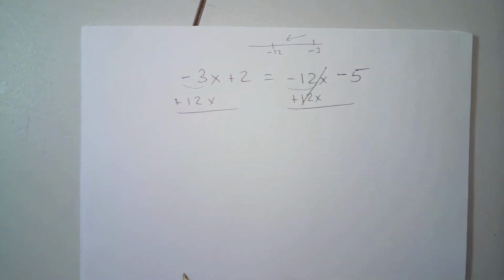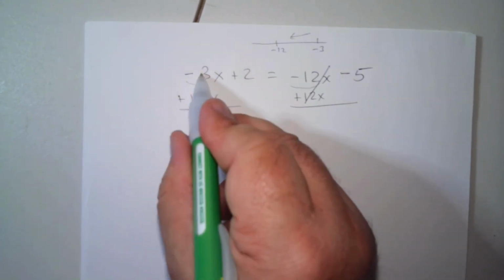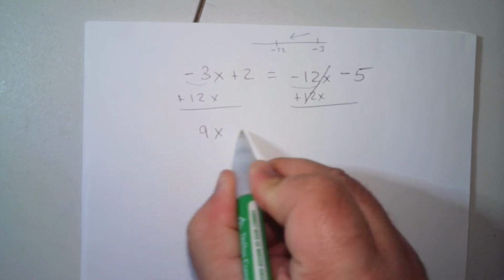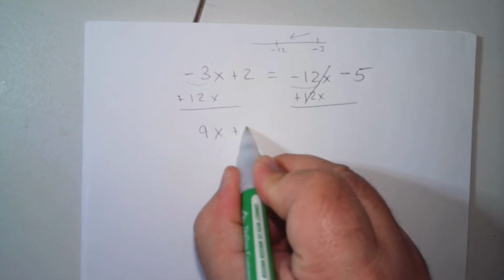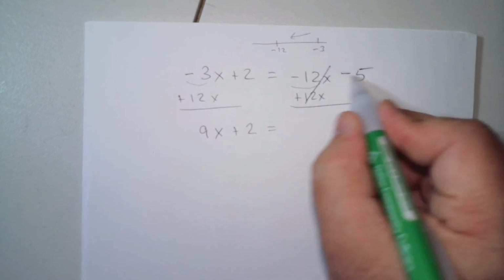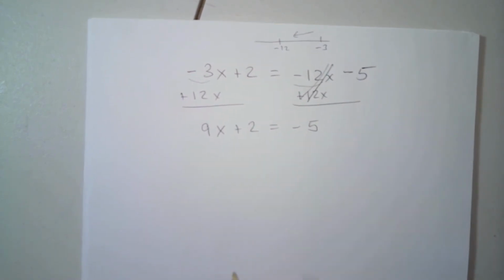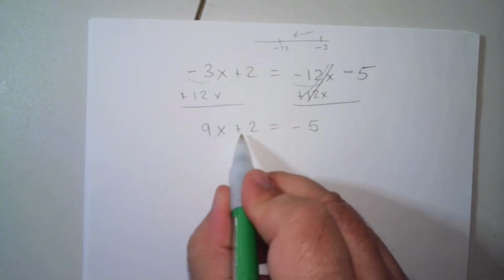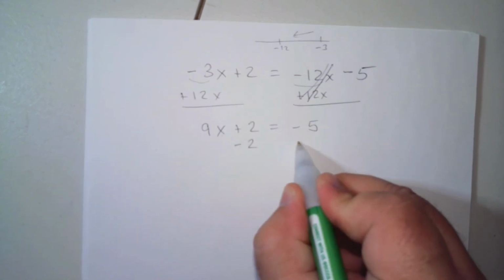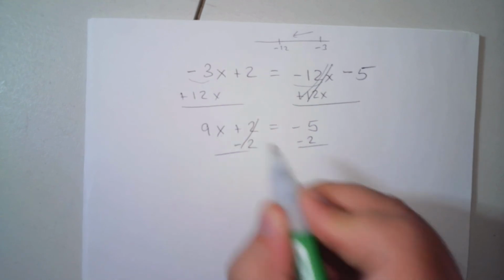So those cancel. 12 minus 3 is 9x plus 2. Those cancel. Equals -5. X's by itself, get rid of the non-x's. Subtract 2 from both sides.